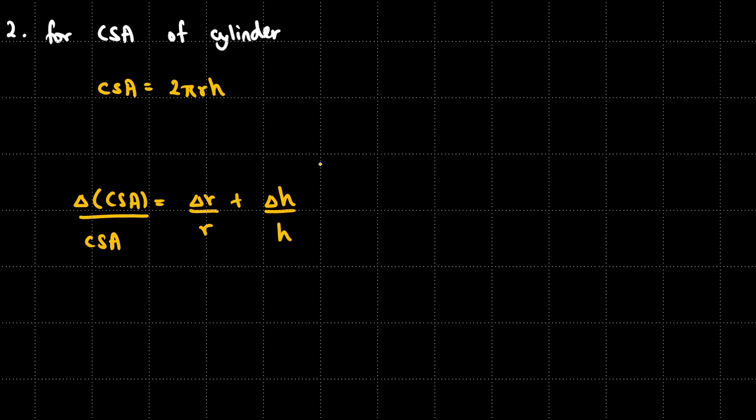Since there are no powers, you don't need to write them. Now the error in r or radius is 2%, and the error in length is 3%, which means delta CSA by CSA is gonna be 5%. So this was also pretty simple, right? Now finally, the third one.